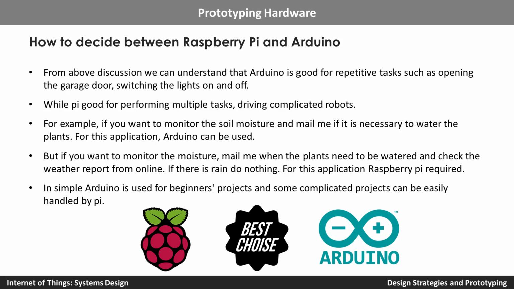So you need to consider all the factors: what kind of components, where to deploy, what kind of energy requirement, whether it needs to be always on, and many other conditions before you come to a conclusion on what kind of primary computational device you need to employ in your IoT application system.